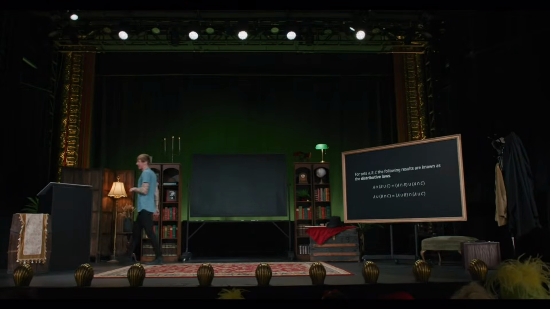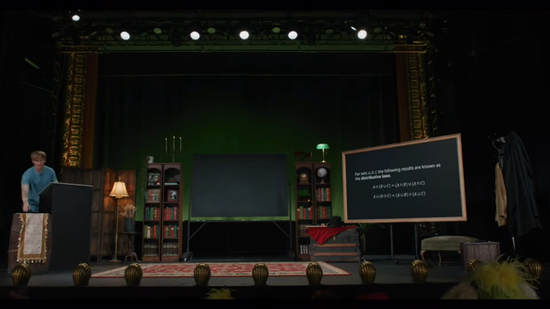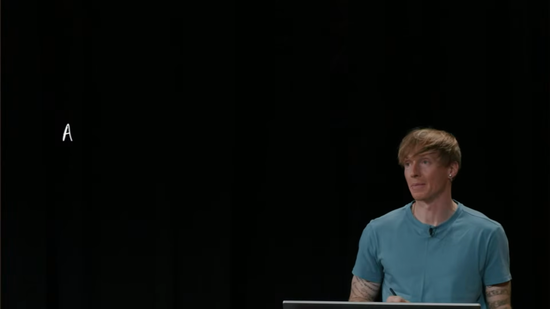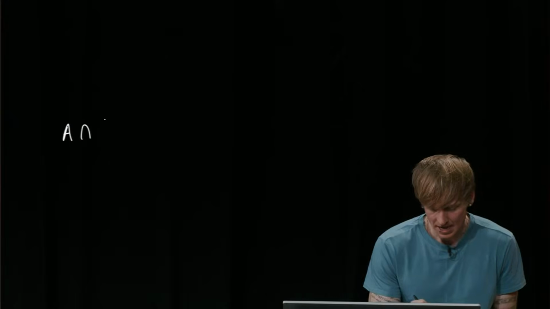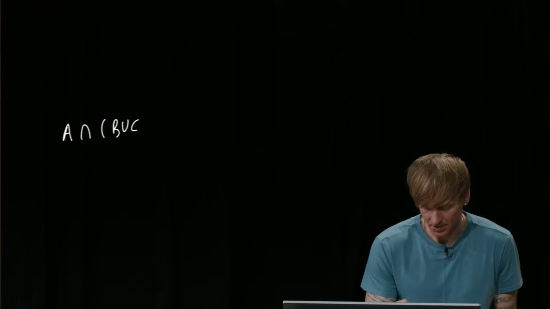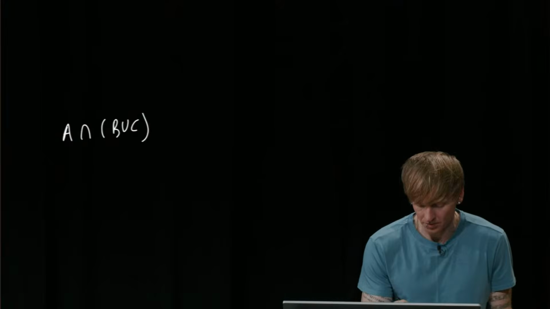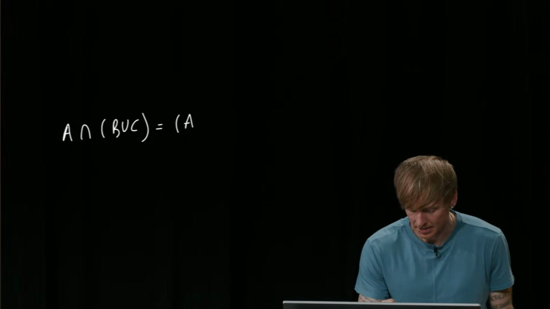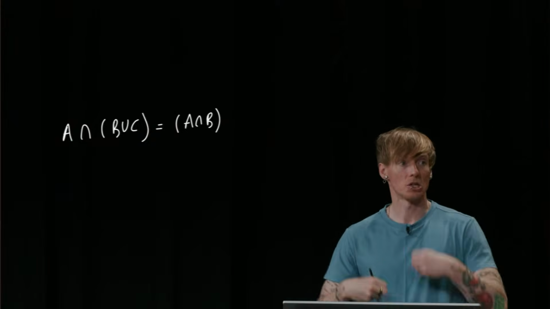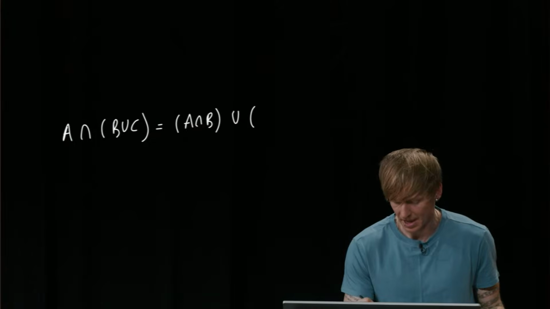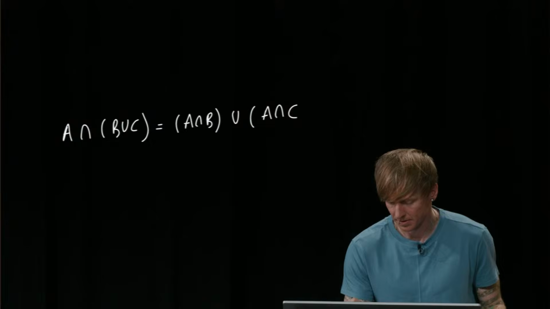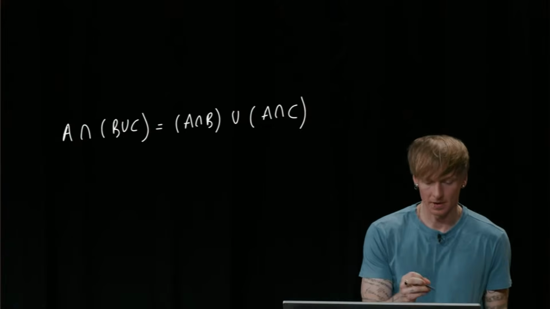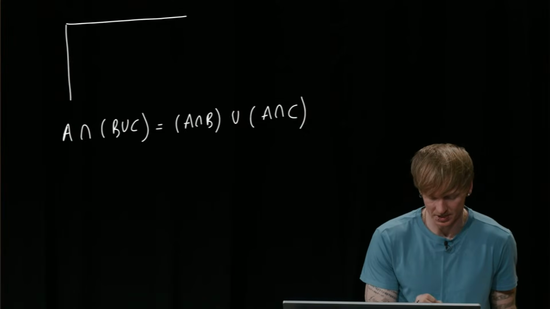So this time I'm going to have to really test my drawing skills and try to draw 3 Venn diagrams. So I'll begin by writing out the formula that we want to show. So we want to show the first distributive law, which is that A intersect B union C is equal to A intersect B, and then we take the union of that with A intersect C. Okay, so if I now draw out, we'll proceed as before.